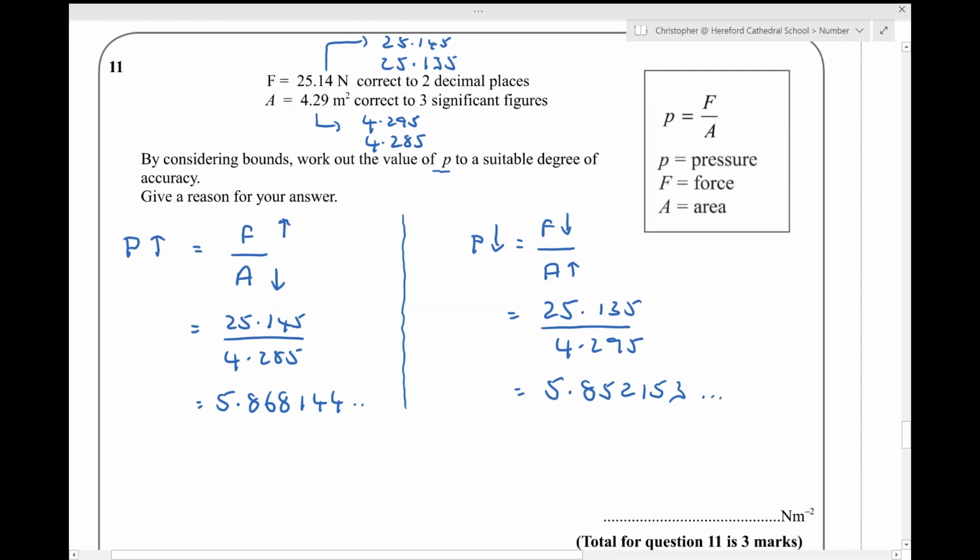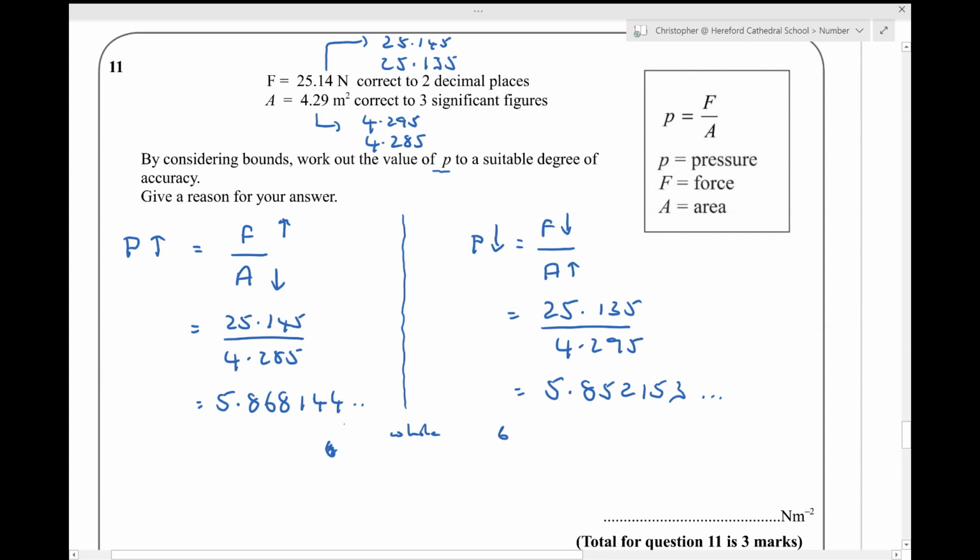Now our answer has to be the value of p to a suitable degree of accuracy. Well, I wonder what degree of accuracy I can give a guaranteed value of p. If I go to the nearest whole number, the upper bound of the value of p would be 6, looking at the value on the left and putting it to the nearest whole, and I'd also get 6 if I looked at the lower bound.